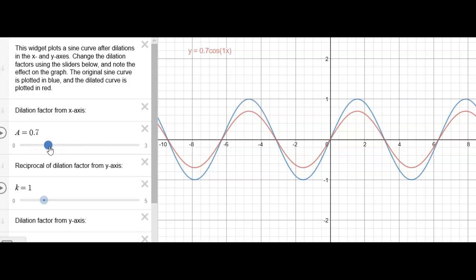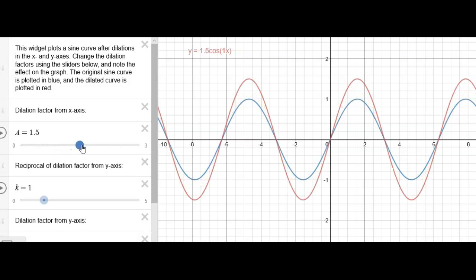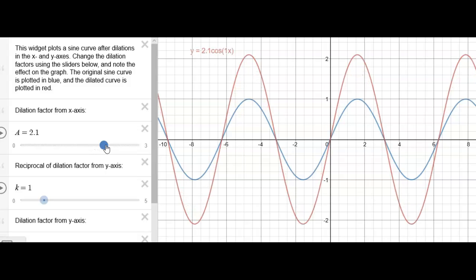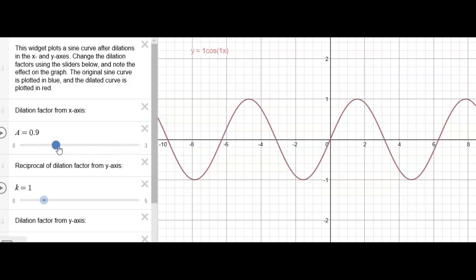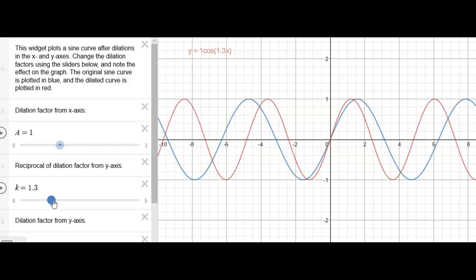Okay, so that's your amplitude changing. So you've got your basic sine graph, and then when your amplitude gets bigger, there's your dilation from the x-axis, and you can also have below, and I don't have negative here, but if it was negative, it would go below the axis.